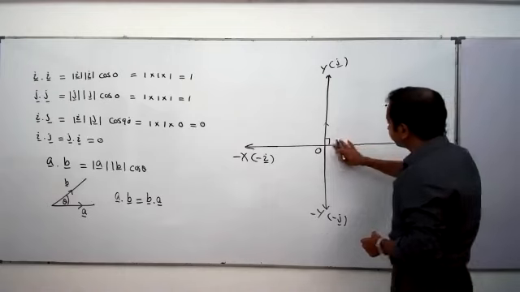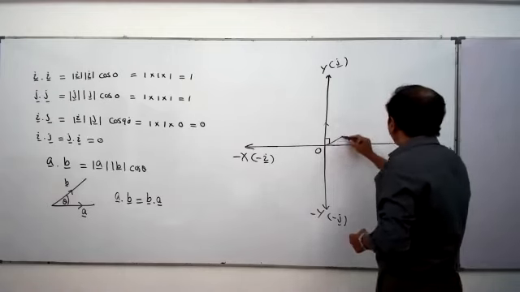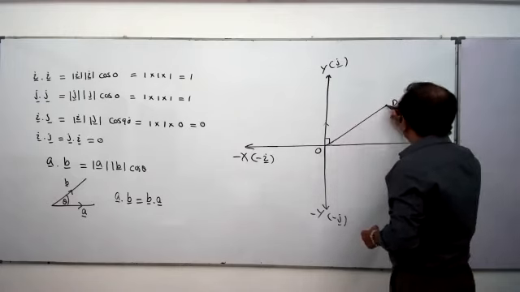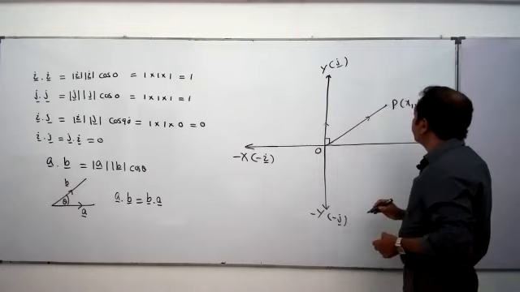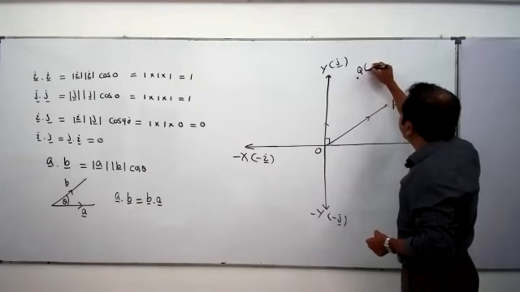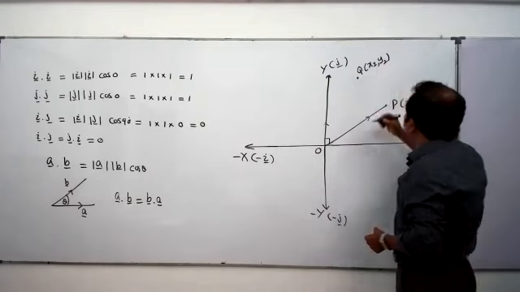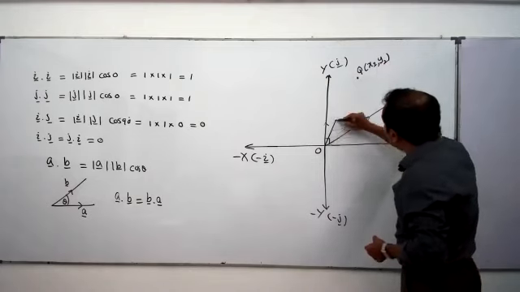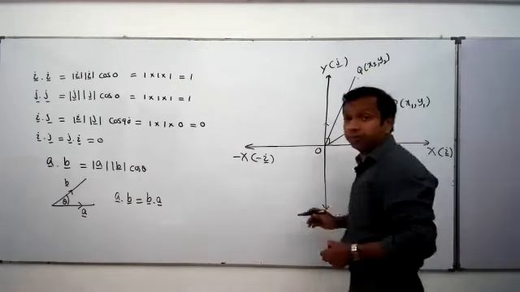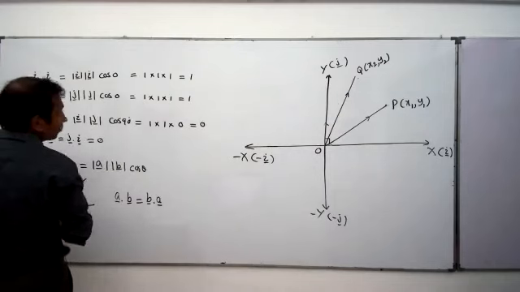Then we can find OP. And suppose we have another point Q with coordinates x2, y2, then we have OQ like this.